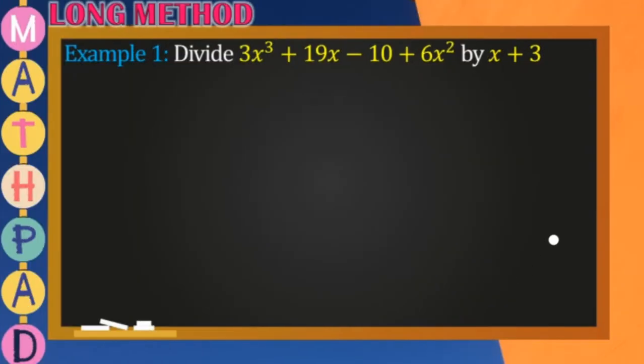Now, let us have an example. Example number 1: divide 3x cubed plus 19x minus 10 plus 6x squared by x plus 3. The first step is to check if the given polynomials are written in standard form.